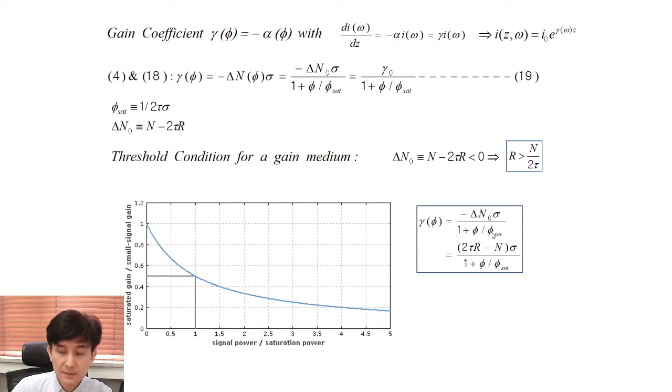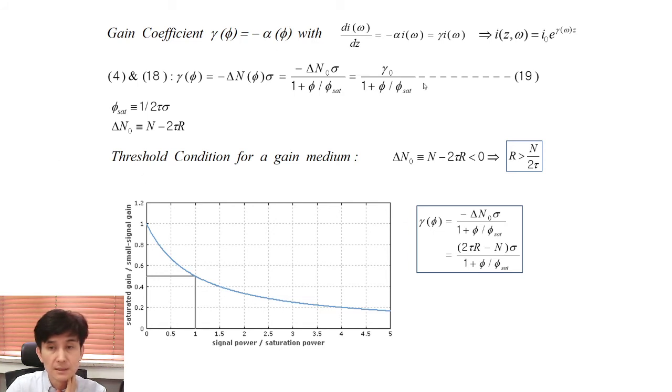As phi sat is defined with the atomic properties of a medium, which is the relaxation time tau and the absorption cross-section sigma per atom, we can find out how the absorption changes with respect to the photon flux or input intensity to the medium.